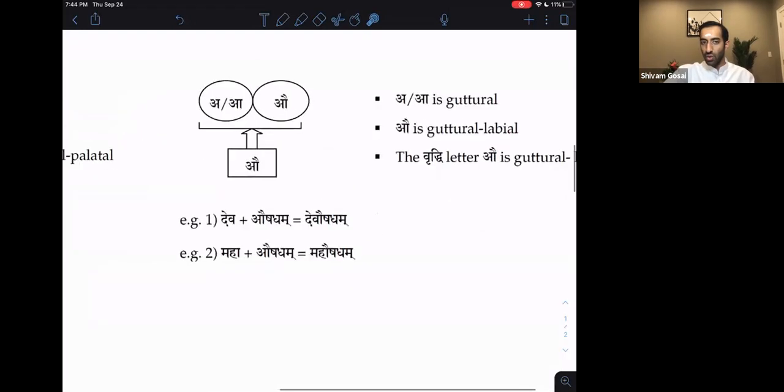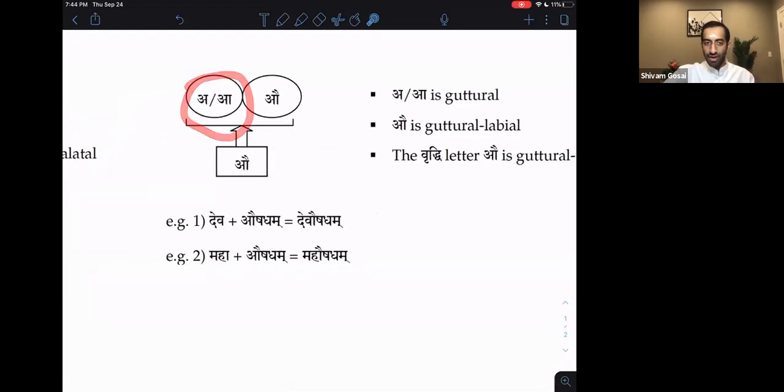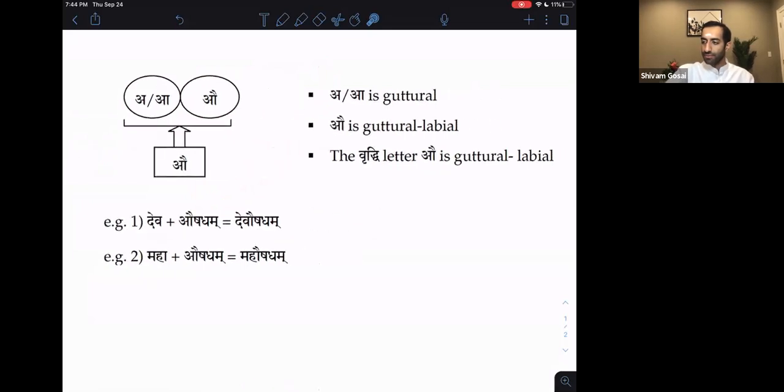Last one here. When avarna meets au, which means ow, they both get replaced by au. So we have the example deva plus oshadham becomes devaushadham. Maha plus oshadam becomes mahaushadham.